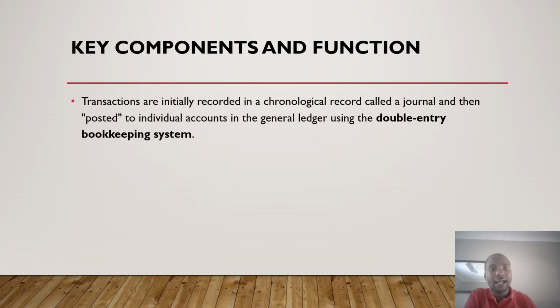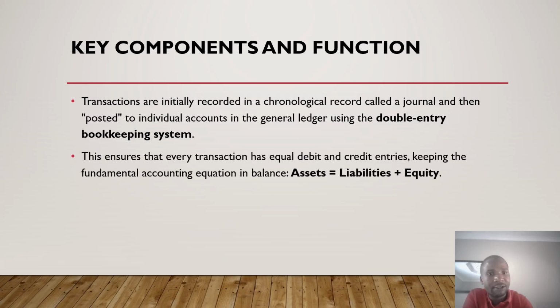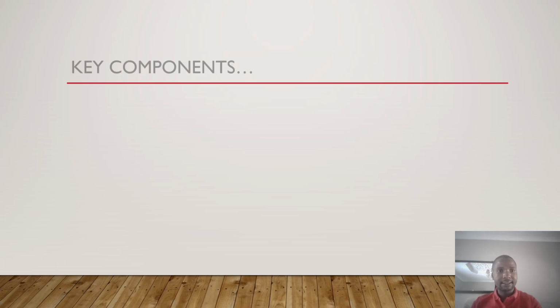Transactions are initially recorded in chronological order in a journal, as we looked at in the previous lesson, and then they are posted to individual accounts in the general ledger using the double entry bookkeeping system. This ensures that every transaction has equal debit and credit entries, keeping the fundamental accounting equation that we looked at in lesson number 3 always in balance.